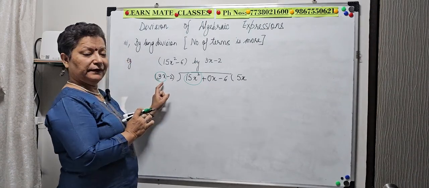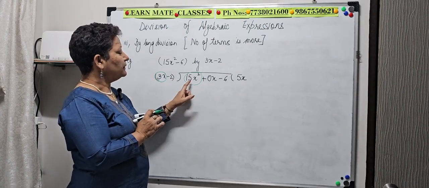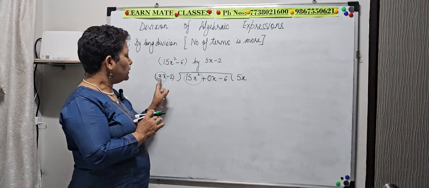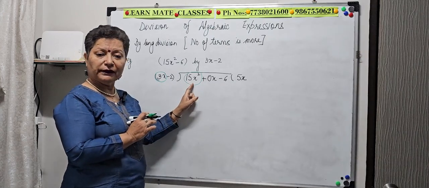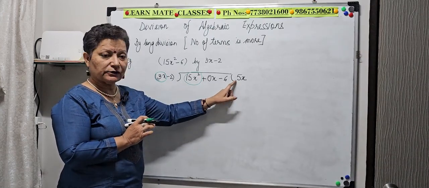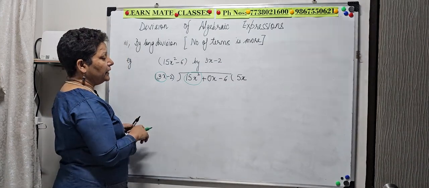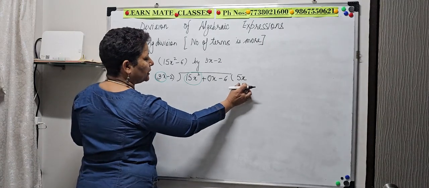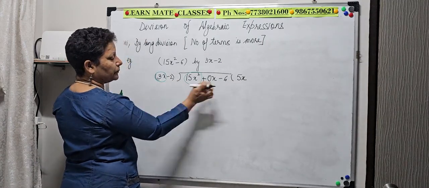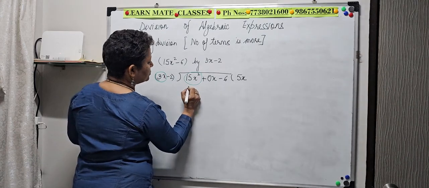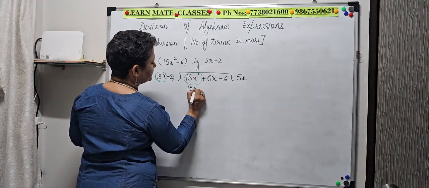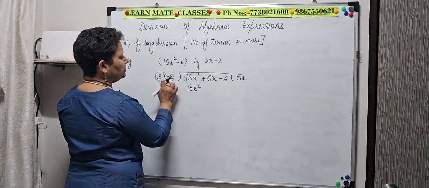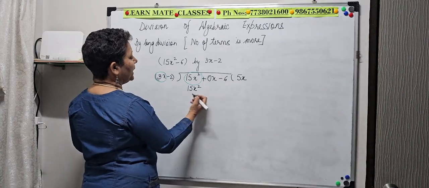I already have my divisor here, and I also have this term in my dividend. So what should I multiply 3x with in order to get 15x square? Obviously it is going to be 5x. But that 5x has to be multiplied not just with part of the divisor, it will have to be multiplied with the whole divisor. So 5x into 3x is going to give you a 15x square. 5x into a minus 2 is going to give you a minus 10x.